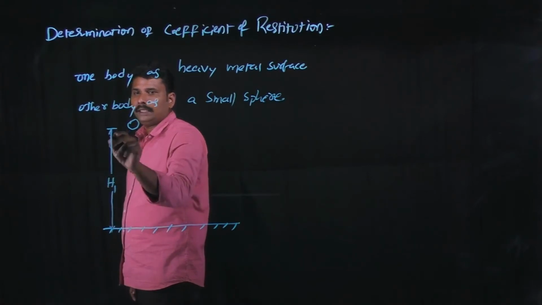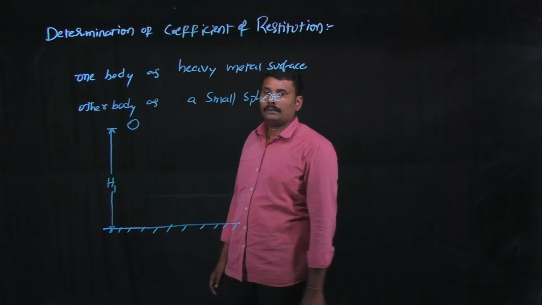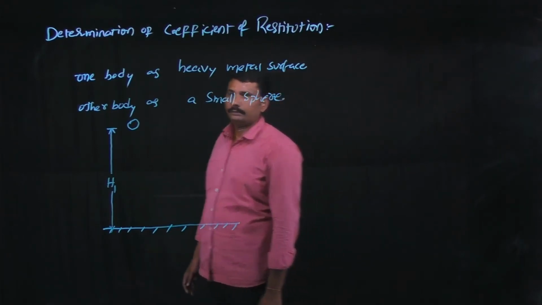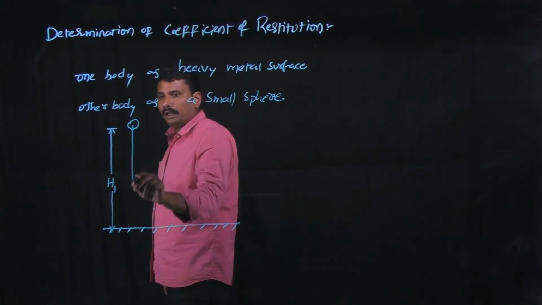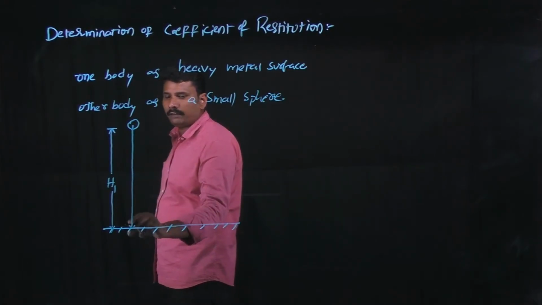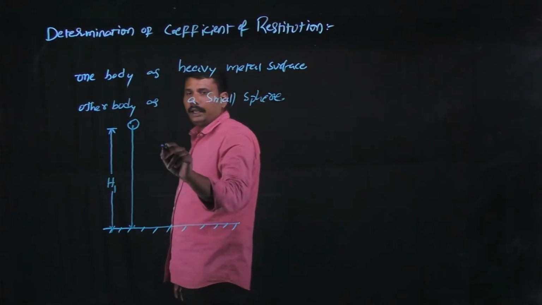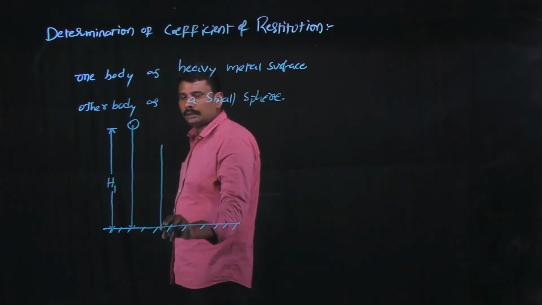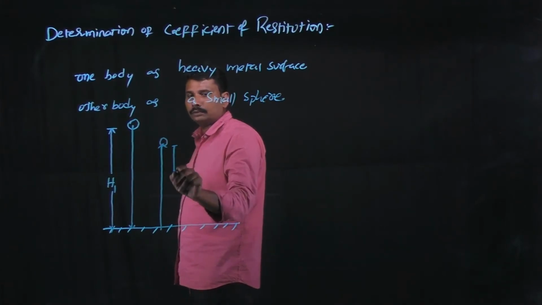From this height, the sphere is dropped like a freely falling body. On hitting this heavy metal surface, it rebounds to some height h2.